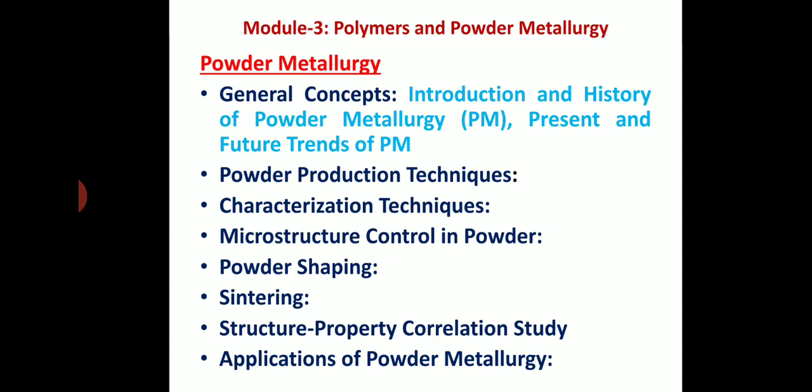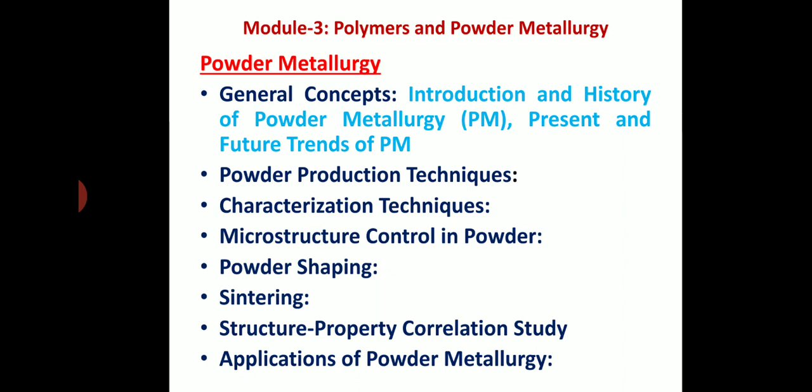In the general concepts, we need to study the introduction and history of powder metallurgy, present and future trends of powder metallurgy, and under the powder production techniques, we need to study the different mechanical, chemical methods and atomization of powder and other emerging processes.